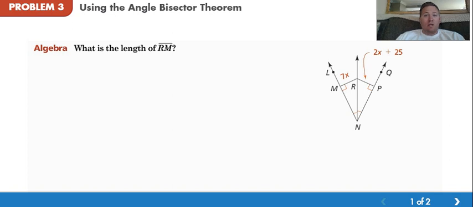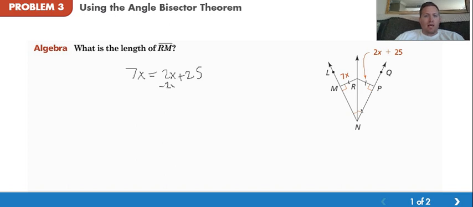So this is a perpendicular bisector, and our theorem tells us that these two lengths are going to be congruent. So all I need to do is take 7x and set it equal to 2x plus 25.